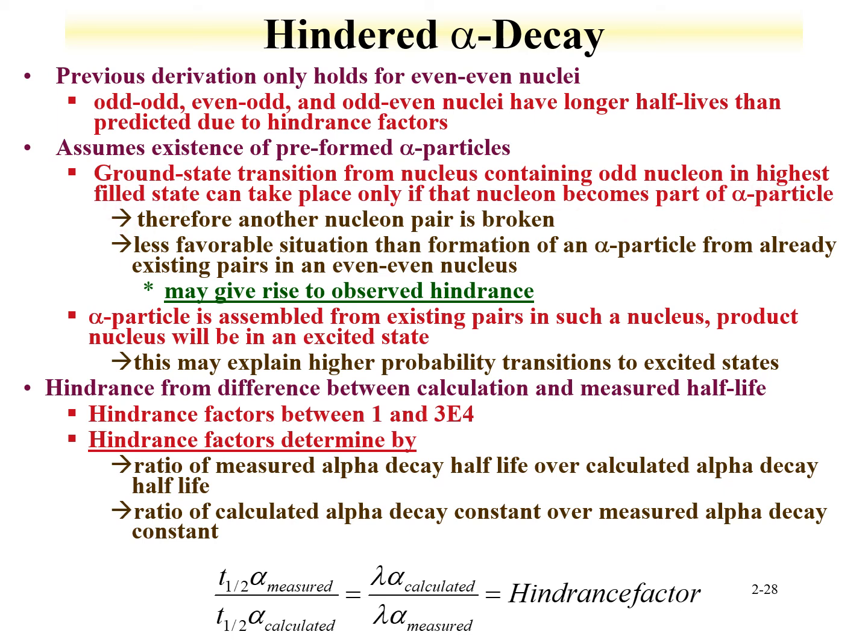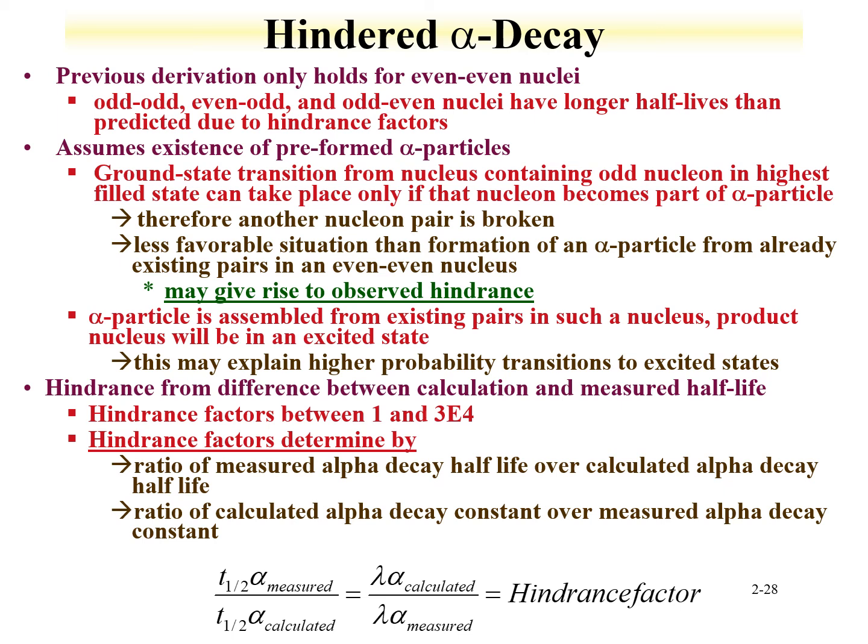If I have an odd nucleon, that means that the highest energy nucleon in that nucleus is unpaired. In order for that to become part of the alpha particle that's emitted, a nucleon pair has to be broken. This is a pretty unfavorable situation because the alpha particles can already be formed from existing even pairs.